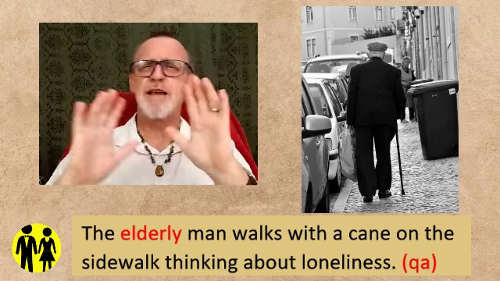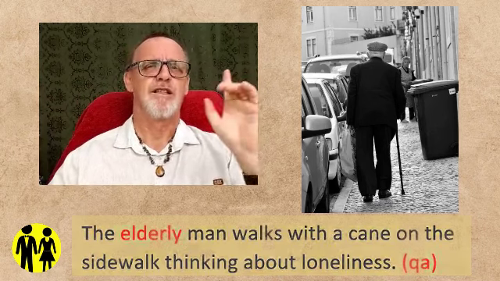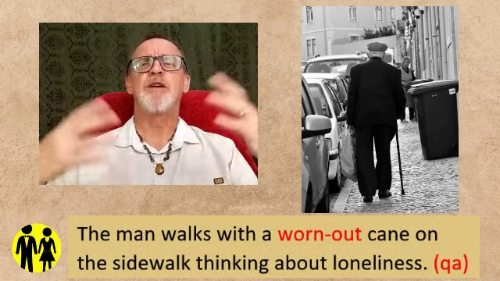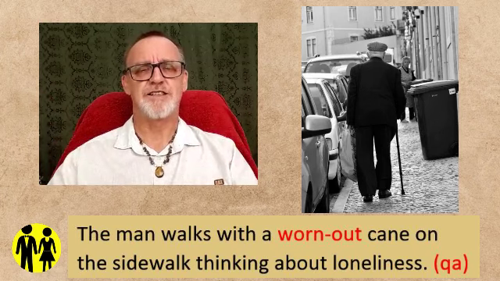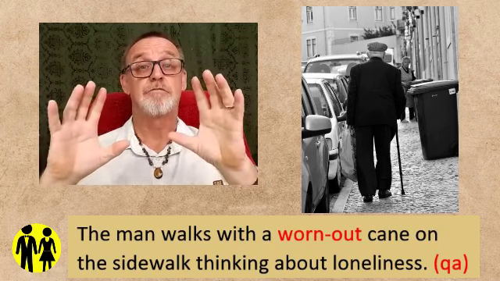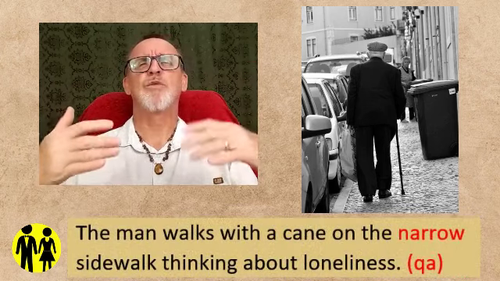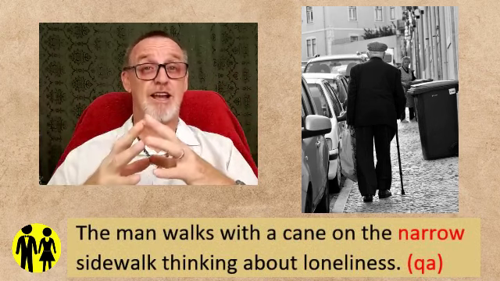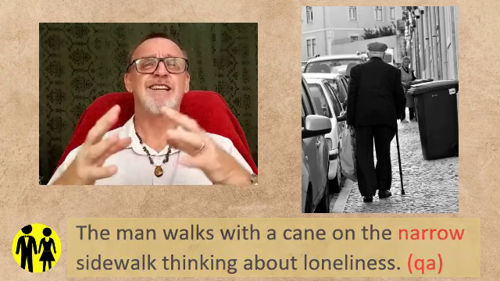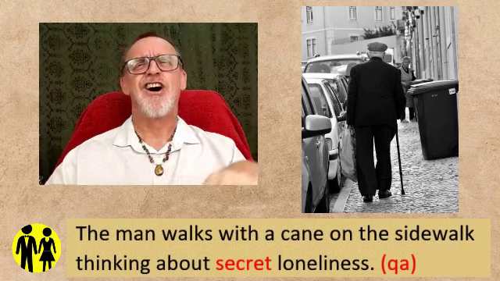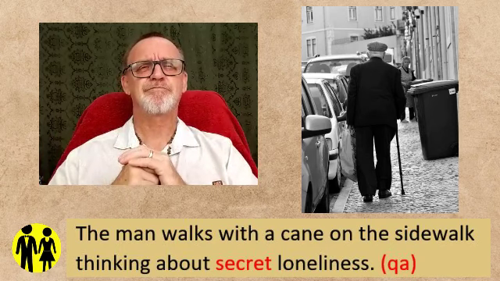And I will follow the same procedure for the next 3 sentences. The man walks with a worn-out cane on the sidewalk thinking about loneliness. See how I've marked it? Then the next one. The man walks with a cane on the narrow sidewalk thinking about loneliness. And finally, the man walks with a cane on the sidewalk thinking about secret loneliness.